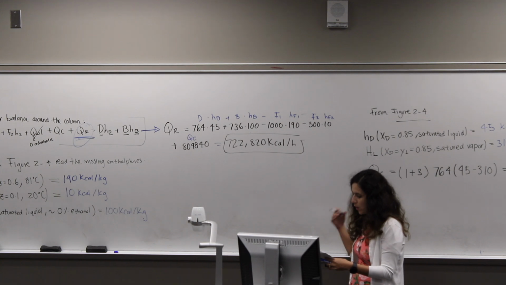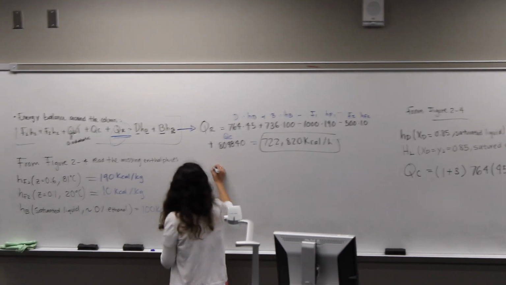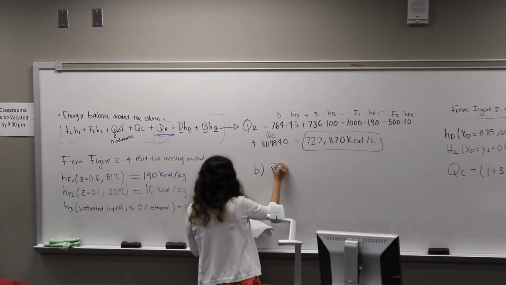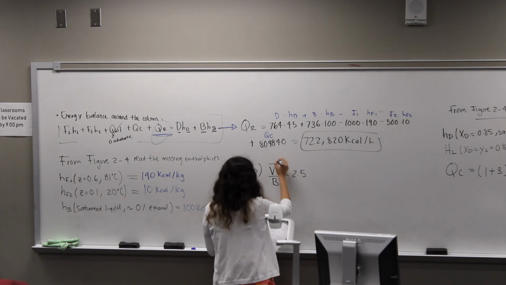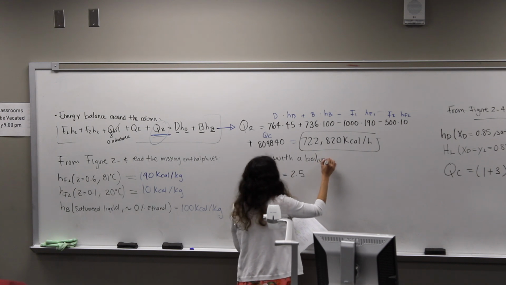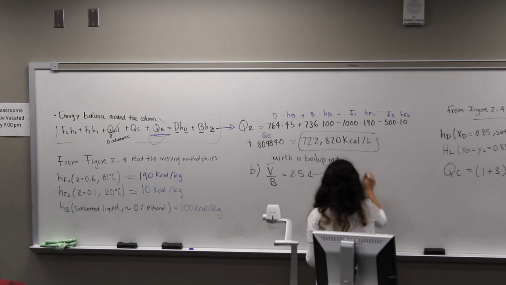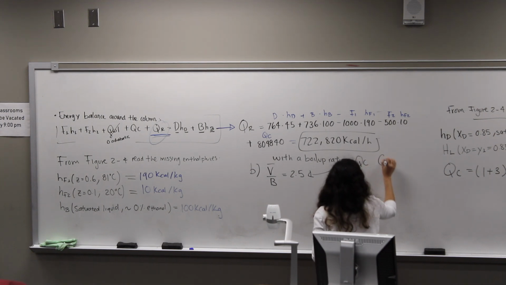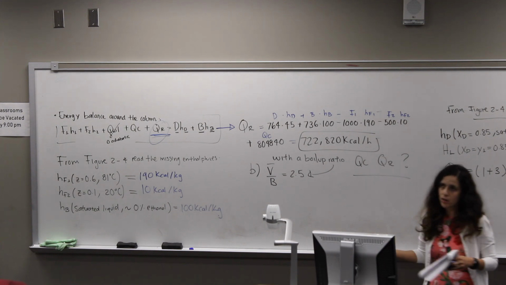Now the problem asks what happens to these heat loads if you have a boil-up ratio of 2.5. So with a boil-up ratio of 2.5, what are the loads? How much heat do you need to input in that condenser and reboiler?